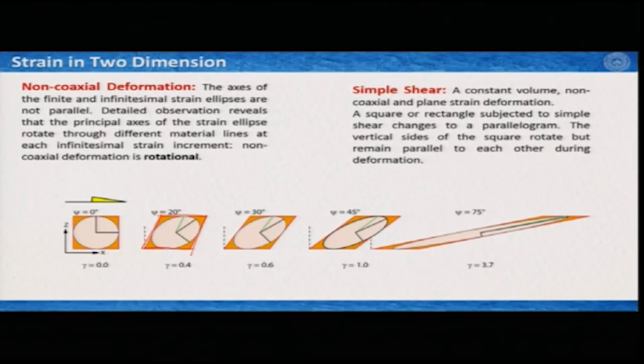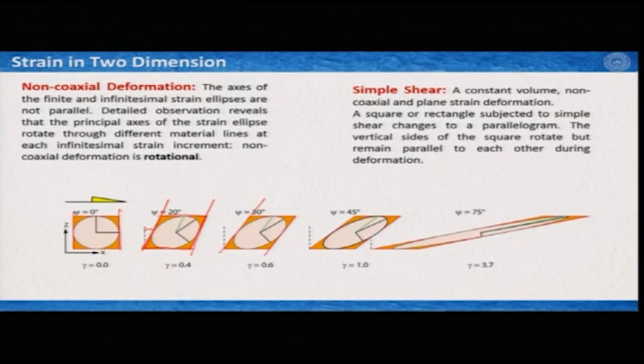The vertical sides of the square rotate but remain parallel to each other during deformation, and therefore it is a homogeneous deformation. What do we mean by this? These two lines are the vertical lines. So, with deformation they rotate. For example, here the rotation is 20 degrees and therefore the shear strain is 0.4, but these two lines remain parallel.